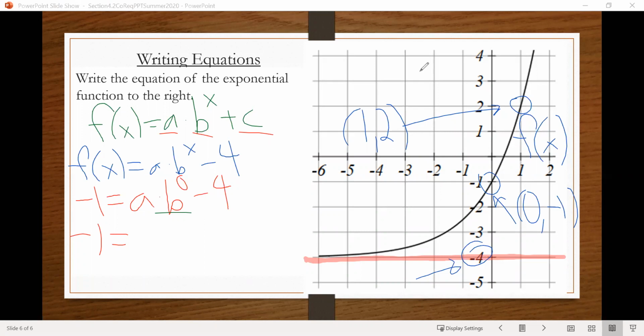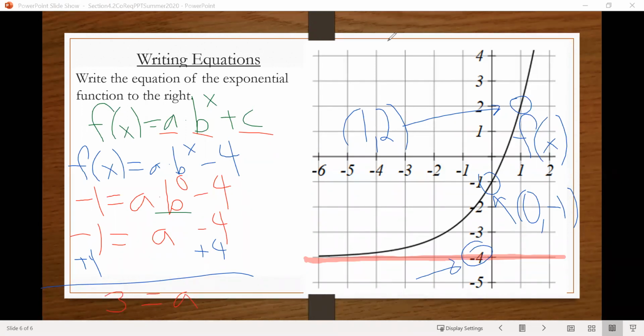Recall that anything to the 0th power is just 1. So this part, a times b to the 0, just becomes a times 1. But a times 1 is just a. So we have -1 equals a minus 4, and we can add 4 to both sides. And now we have our value for a being 3.